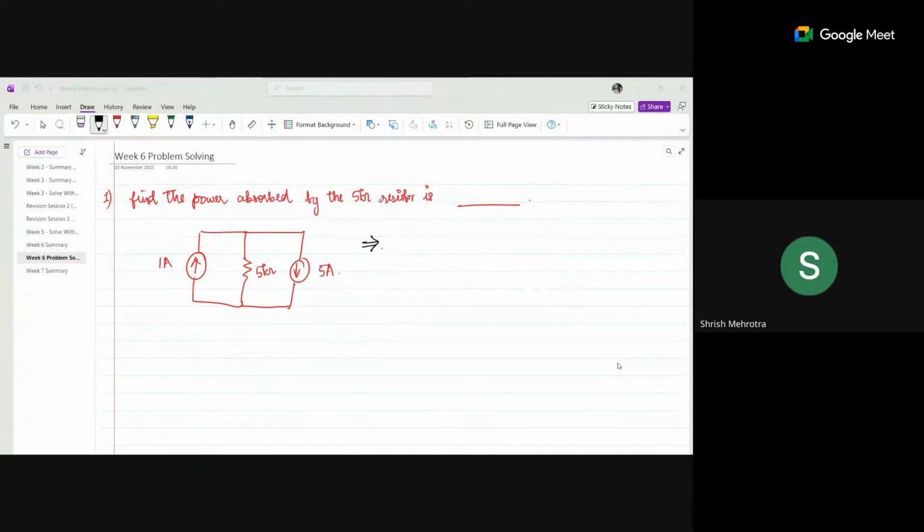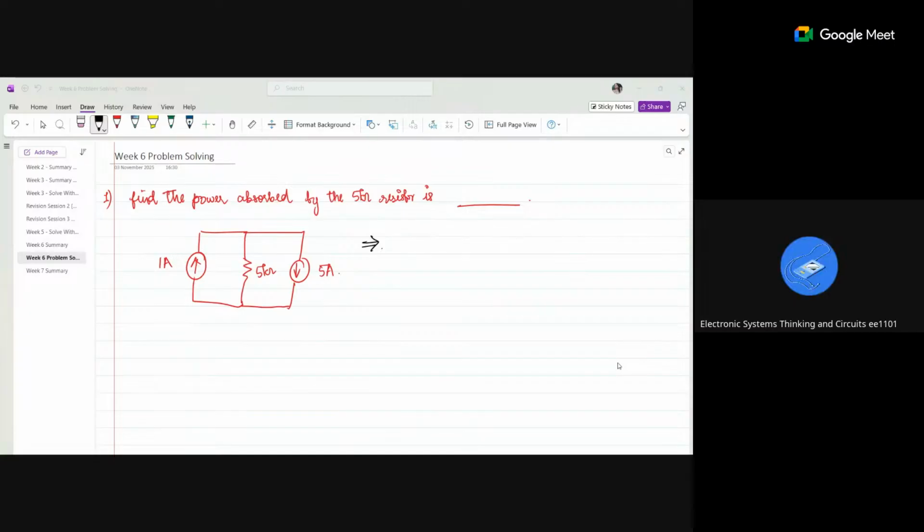Ma'am, it will be 20 kilowatt. What is the formula for power? P equals I V. Yes, so solve it again. What is the answer? Minus 80 watt.